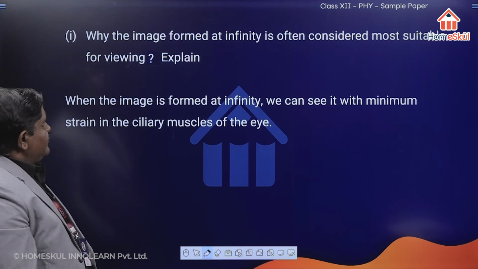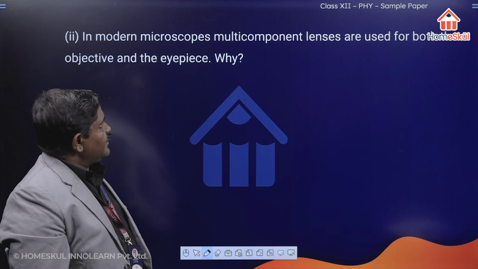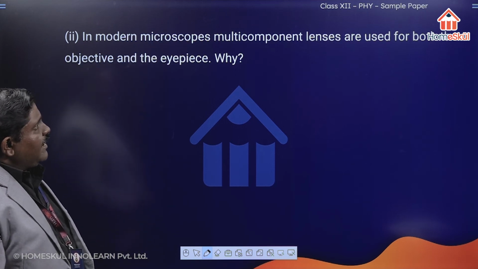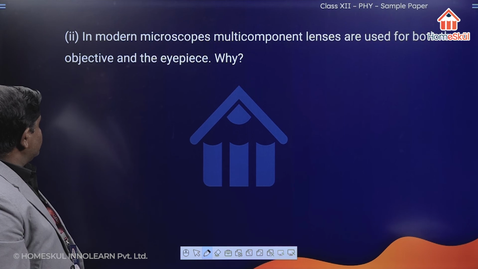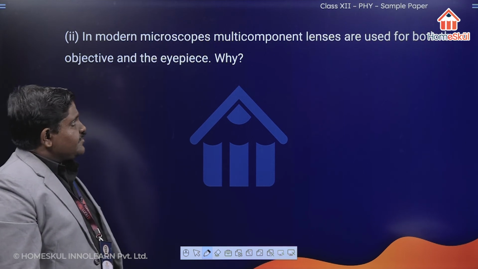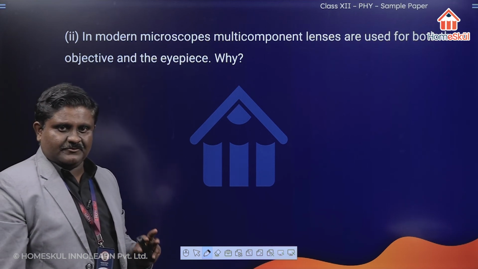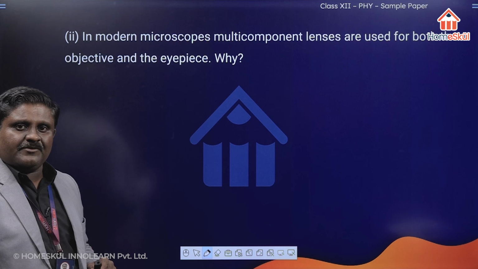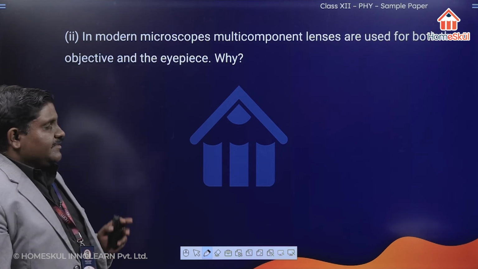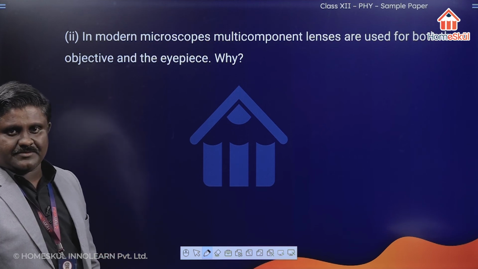Then second question, in the modern microscope, multi-component lenses are used for both the objective and the eyepiece. Why? So this is also a very interesting question, and also very easy. This is because for getting the high quality images.